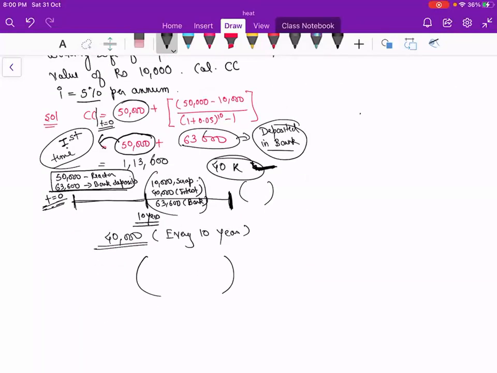Suppose C1 changes, and someone says that after 10 years it will be 60,000 rupees. From the cost index you can calculate what the value will be after 10 years. Suppose you say it is 70,000, then you will do 70,000 minus 10,000.